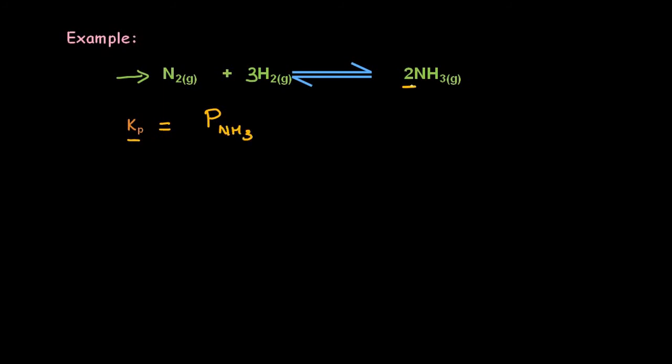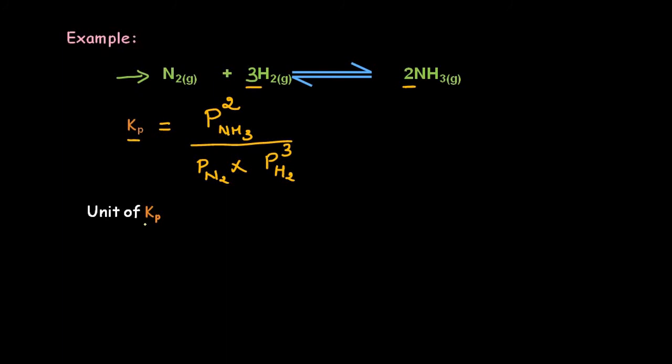Here we can see that the mole ratio of ammonia is 2, so the partial pressure of ammonia has to be raised to the power of 2, that is the square, divided by the partial pressure of nitrogen gas into the partial pressure of hydrogen, again raised to the power of 3, because the mole ratio here is 3.